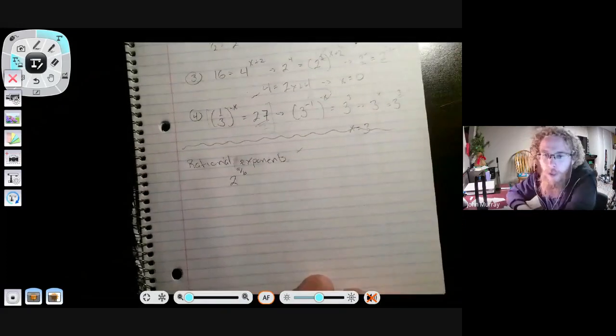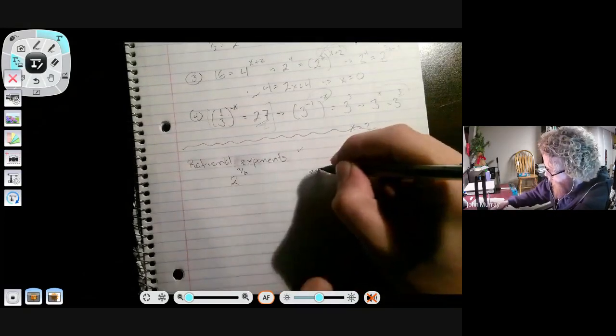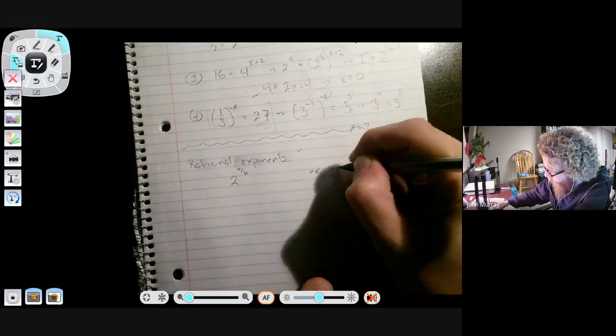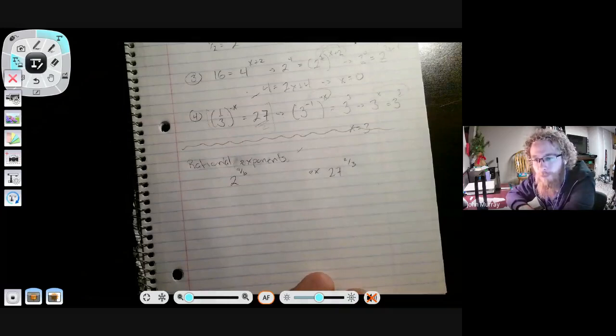So some number to a fraction exponent. Now, if you come across a problem where you actually have to calculate, maybe, I don't know, 27 to the 2/3.